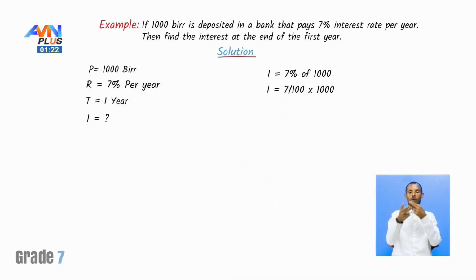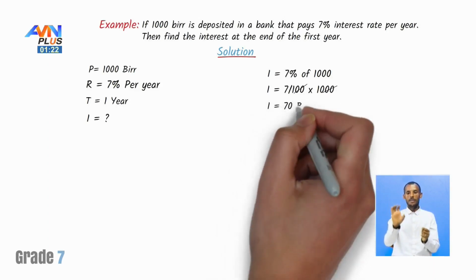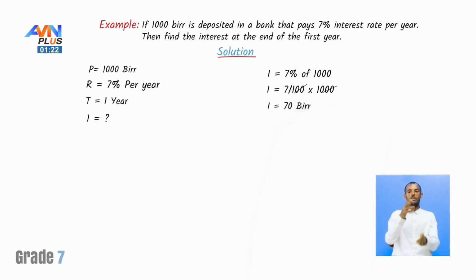So 7% of 1,000 will be equal to 7/100 times 1,000. The 100 by 100 cancel out. 7 times 10 is 70. Therefore, this will be the interest at the end of the first year.